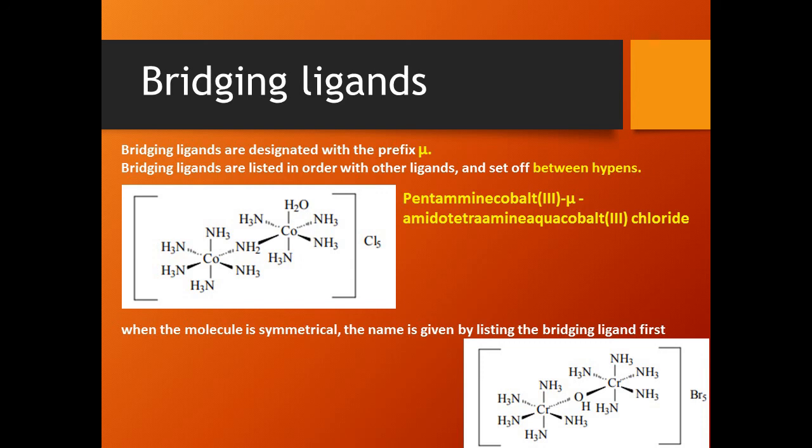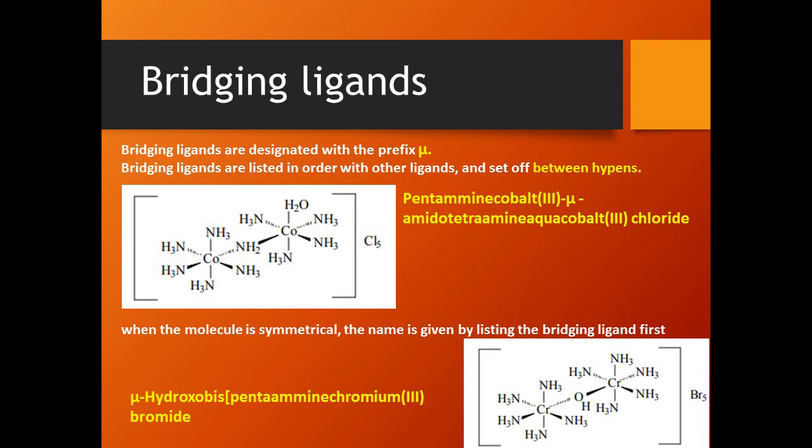The bridging ligand is OH, hydroxo, so it should start with mu-hydroxo. Pentaammine chromium(III) is present 2 times, therefore you have to use the prefix bis, not di. So the correct name is mu-hydroxo-bis(pentaammine chromium(III)) bromide. This is how you name the bridging ligands.